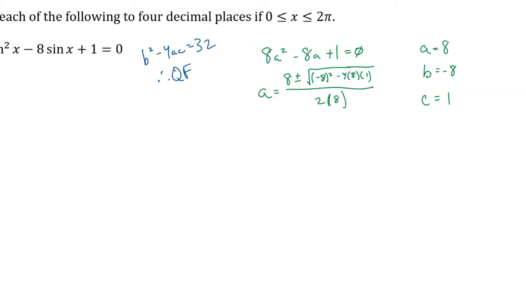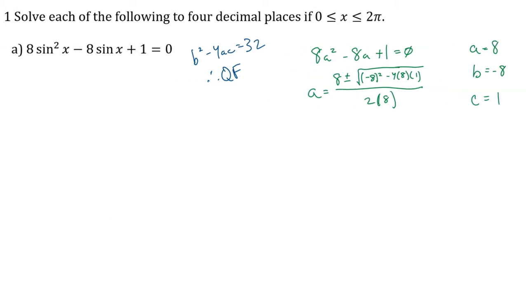But it's not a equals. In this case, it's not x equals either. It's sine x equals. Sine x is like our a. So if we're doing it for our actual question here, it's therefore sine x equals, and as long as you show this step off to the side somewhere, what b squared minus 4ac is, then I allow you to skip straight to this.